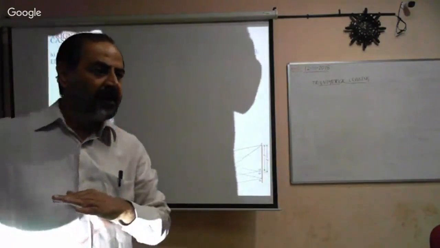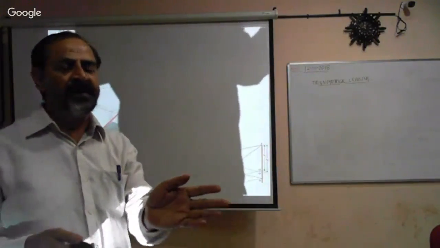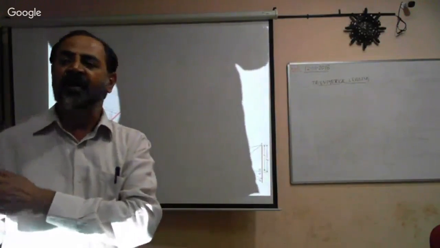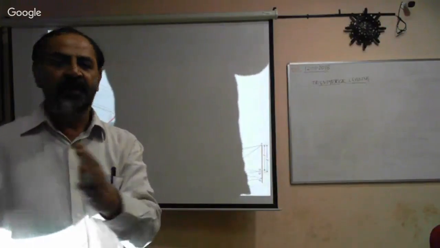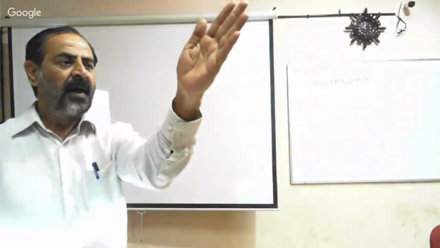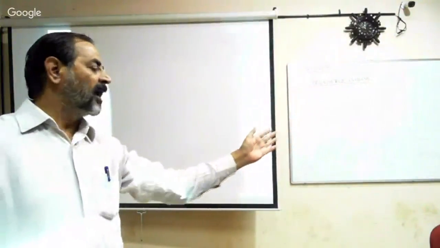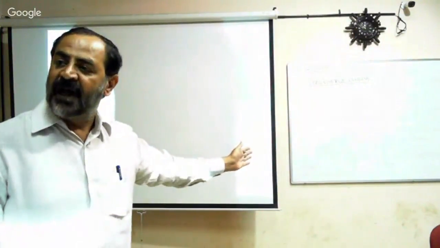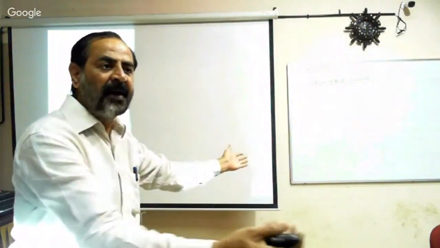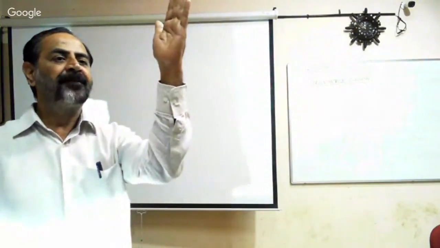Install, make the line of sight horizontal, and measure the staff reading. Note down the staff reading on the benchmark. Then measure the vertical angle alpha 1, and also measure the horizontal angle towards where you are going to install the second instrument station. Here the horizontal angle is in the horizontal plane, and the angle in the vertical plane.